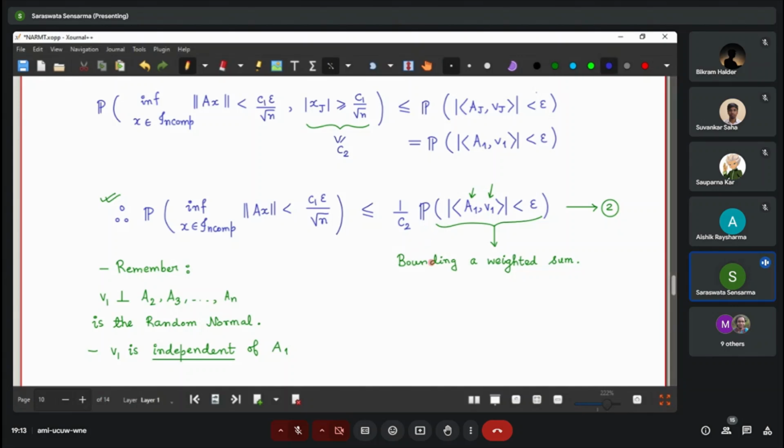In particular, if I am looking at this term, let's erase this, I can do a conditional probability thing, and I can expand it out in this manner. We can condition V to be a fixed vector, over the randomness in V, or maybe let's just write it V1 itself.